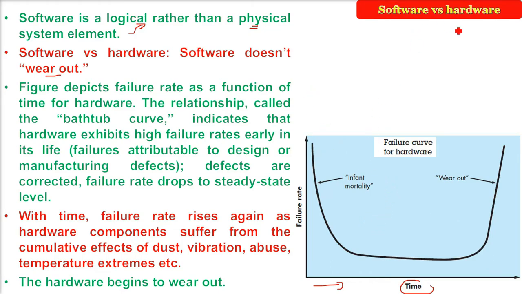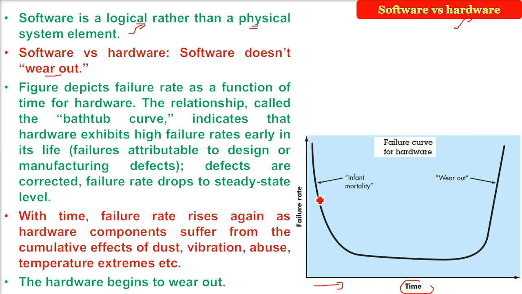So we are talking about hardware, and this relationship, which we are calling the bathtub curve, is indicating that hardware shows a high failure rate initially. For example, your car or any manufactured product. Initially, when it is being made, there are multiple problems, maybe because of the design or some manufacturing defects.